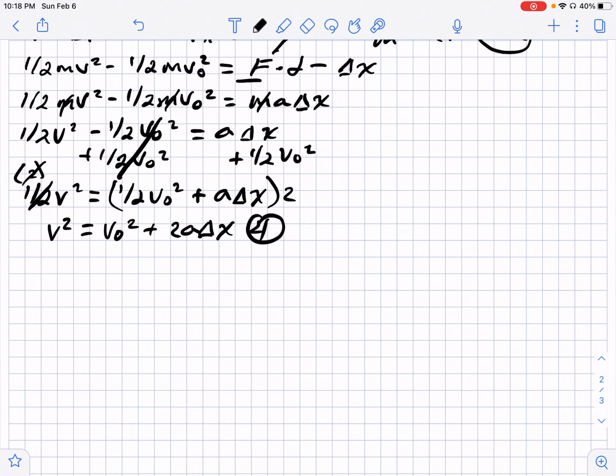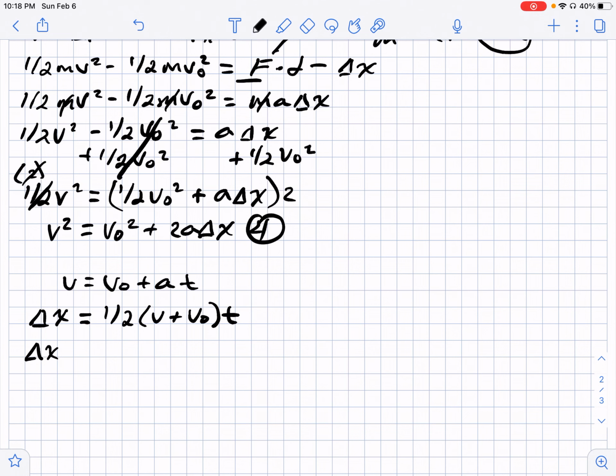We have v is equal to v naught plus acceleration times time. We have x, or delta x, is equal to 1/2 (v plus v naught) times t.